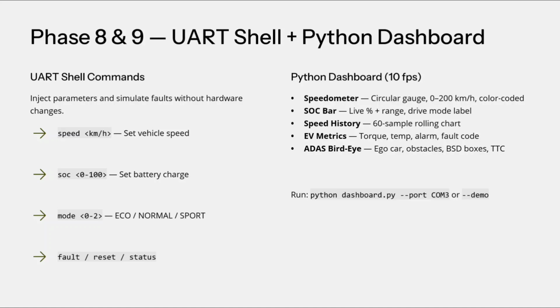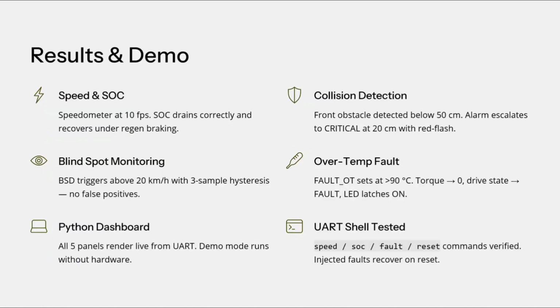Here in the Python dashboard we have speedometer, SOC bar, speed history, EV metrics, and ADAS bar. You will see while I am executing, you will all get to know there. Okay, and then results and demo. I will show everything, how we executed and how we built. We will come to know what the results are.